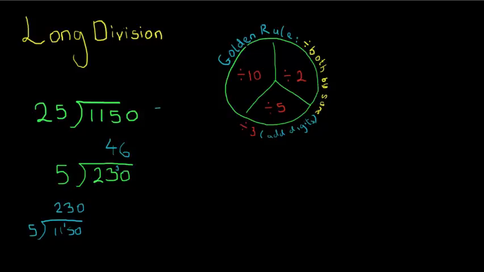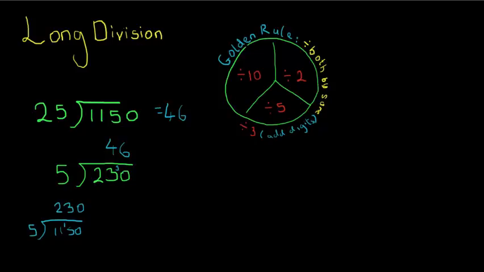So that in fact is the answer to both versions of the question: 1150 divided by 25 or 230 divided by 5. They are the same question in that the fractional version of it would be equivalent.